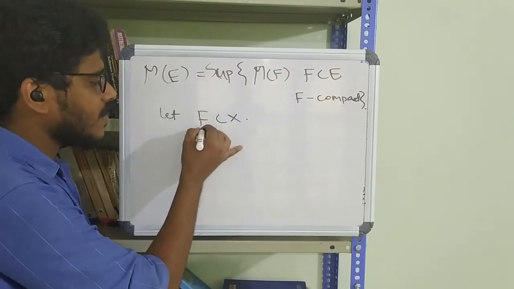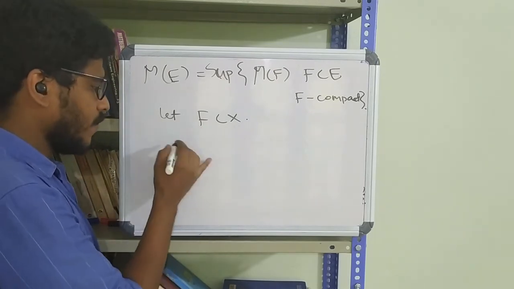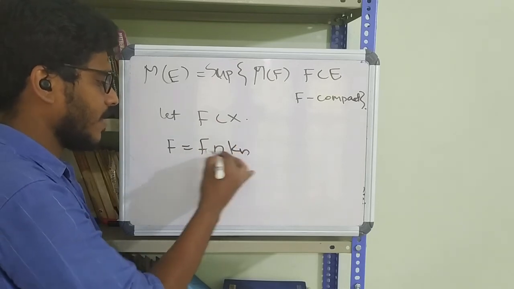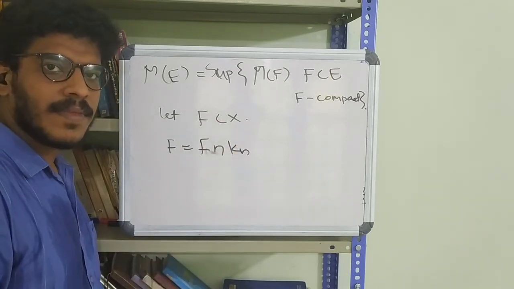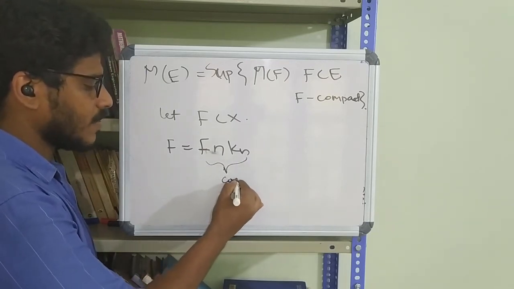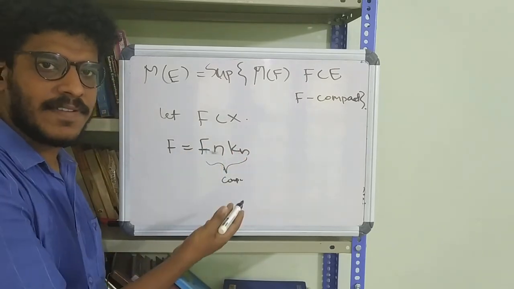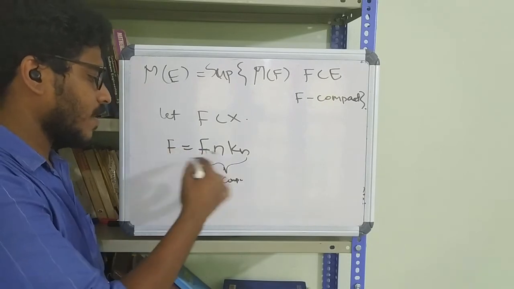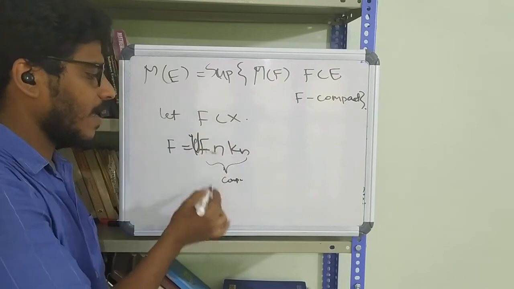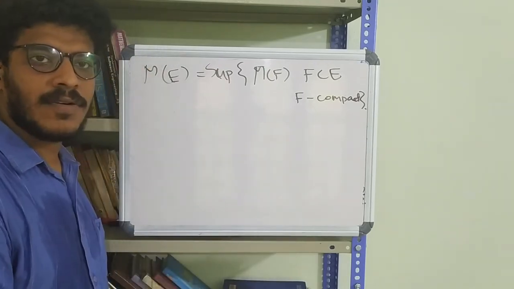The first question is: is F sigma compact? Obviously, since F can be expressed as a union of F intersection Kn. Each of these will be compact, since F is a closed set and the Kns are compact by definition. So F can be identified as a sigma compact set.